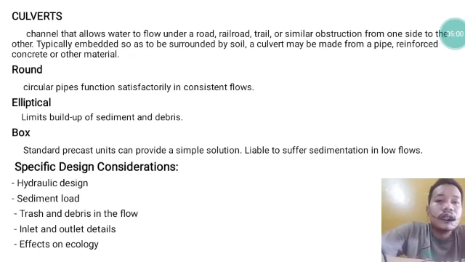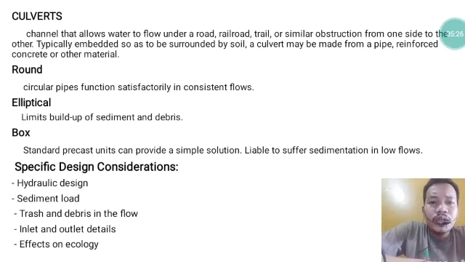So next is culverts. This is a channel that allows water to flow under a railroad, trail or similar obstruction from one side to the other. Typically embedded so as to be surrounded by soil. A culvert may be made from pipe, reinforced concrete or other material.